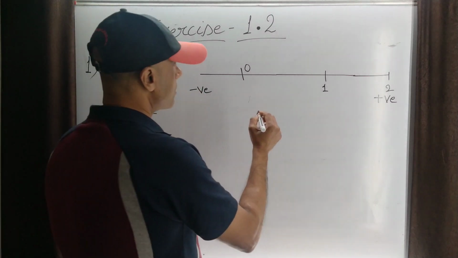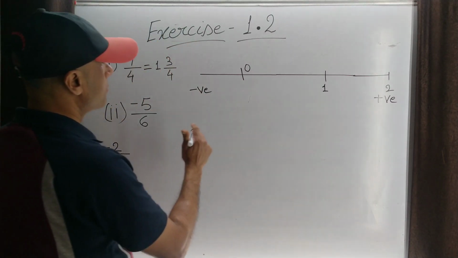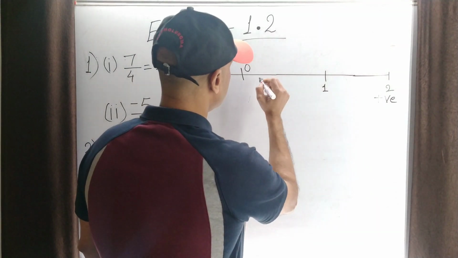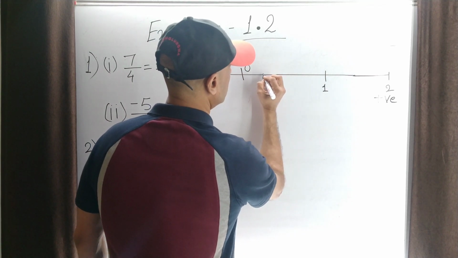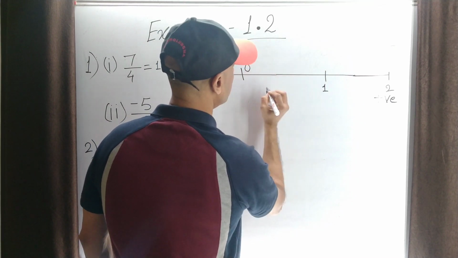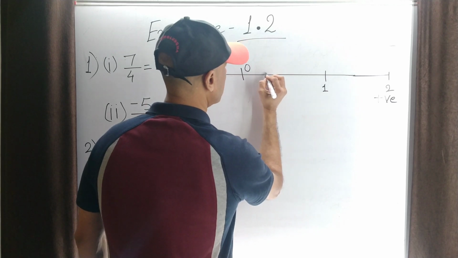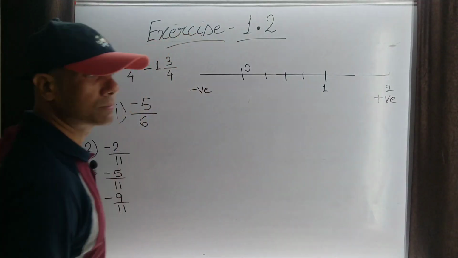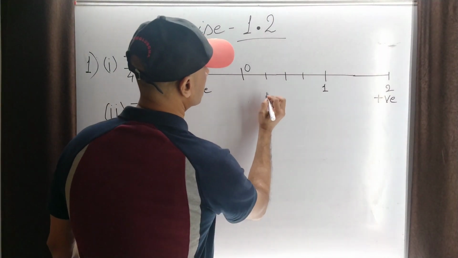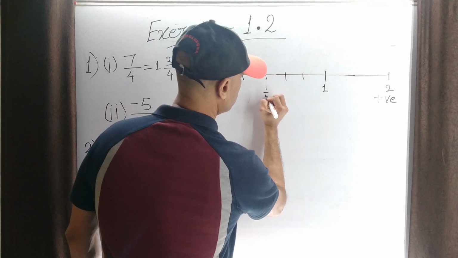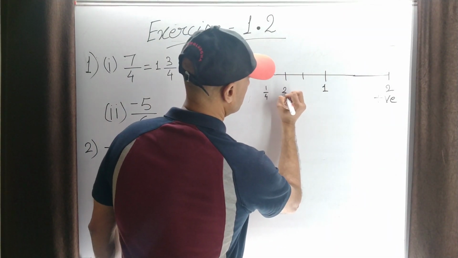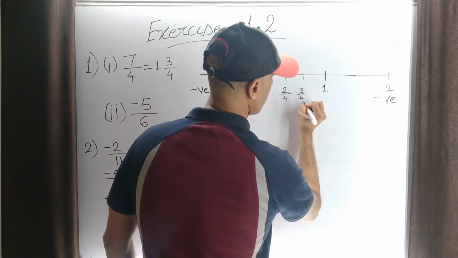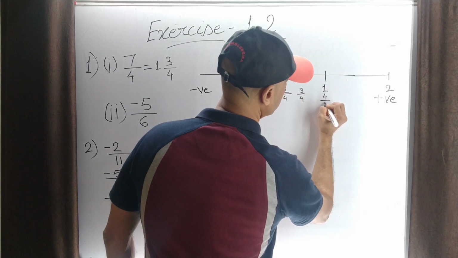If we divide this part from 0 to 1 into 4 equal parts, one part, second part, third part, and fourth part, then the first part becomes 1 by 4, correct? The second becomes 2 by 4, third becomes 3 by 4, and this one is 4 by 4, that is 1.